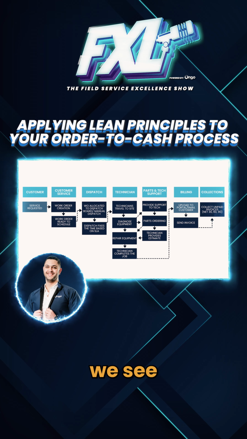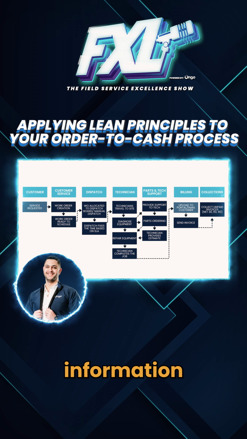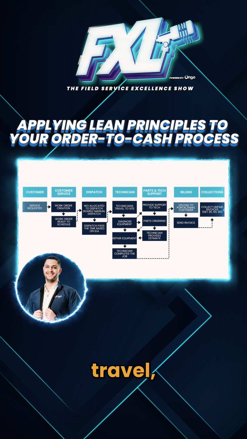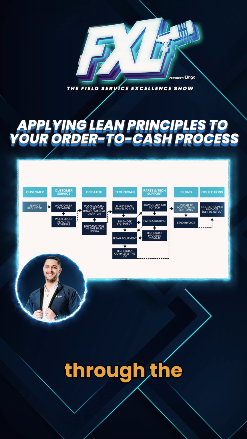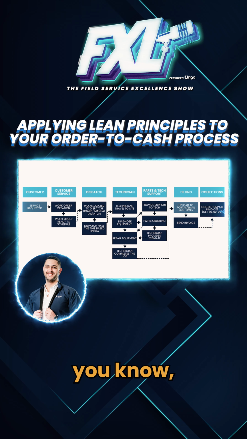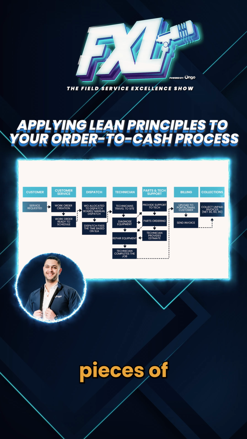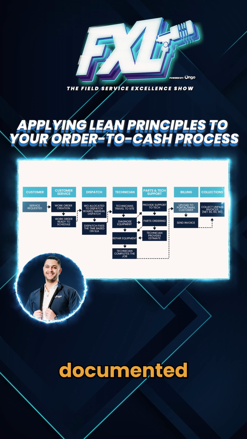Yeah. We see a breakdown on that often as the information travels across or throughout the value stream, through the entire value stream. Yes. You lose pieces of it, or the interpretation of it, if it's not properly documented. Yep.